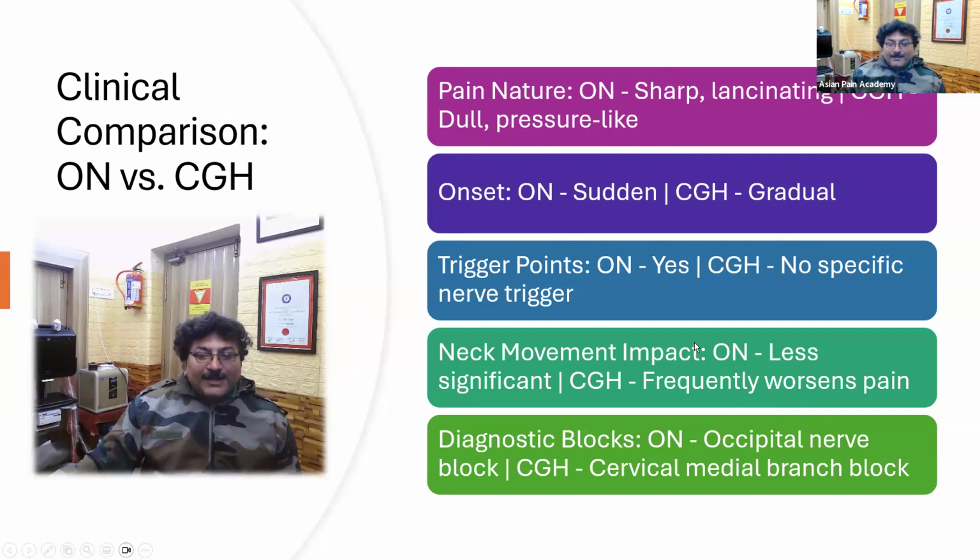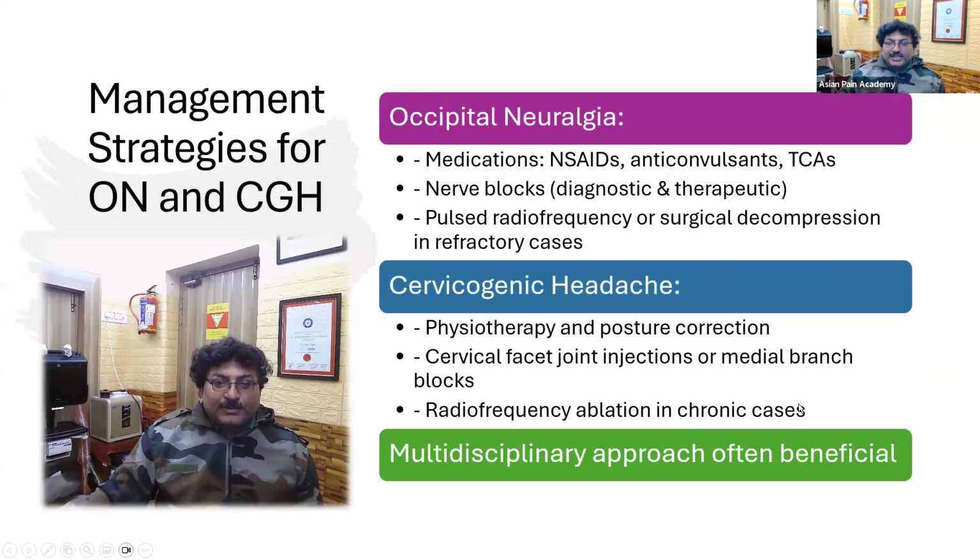Neck movement impact, that means change of pain with neck movement, is comparatively less with occipital neuralgia, whereas in cervicogenic headache it is usually significant. And the diagnostic block for occipital neuralgia is the occipital nerve block, and in cervicogenic headache it is the cervical medial branch block.